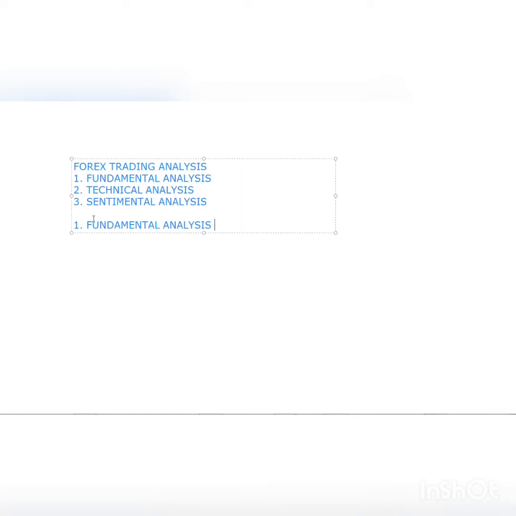So guys, basically fundamental analysis is just traders that focus on the news and economy of a country. And this gives them an edge to know what they are doing in the market.